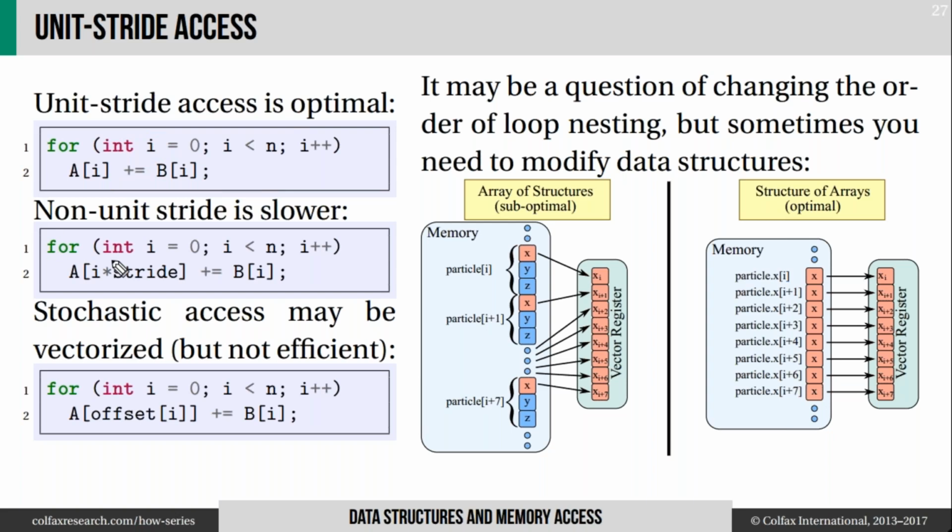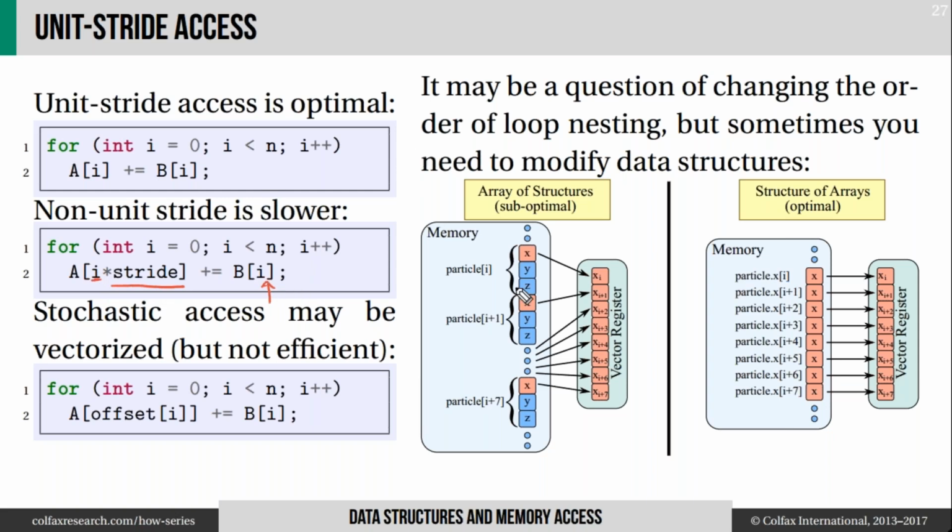It is also possible to vectorize calculations that have non-unit stride. For example, if i is multiplied by some stride, which is an integer greater than 1, then we have a scatter operation. If stride was in the right-hand side, we have a gather operation. The compiler will vectorize loops like this, but it will be slower.